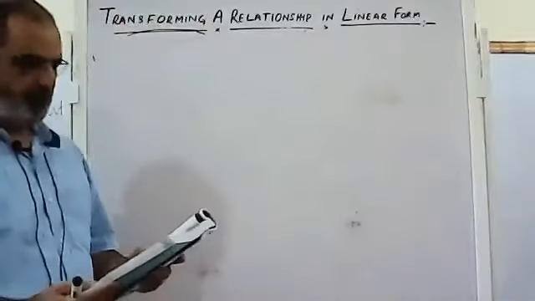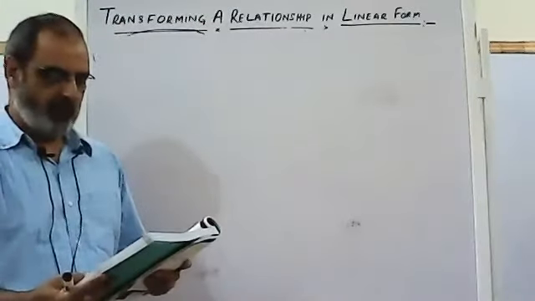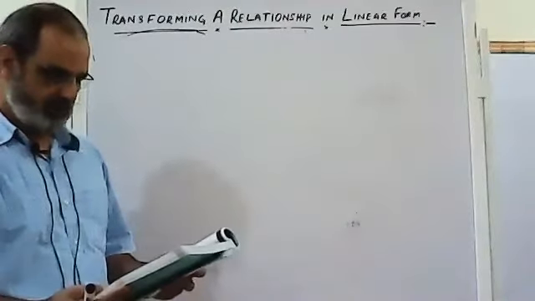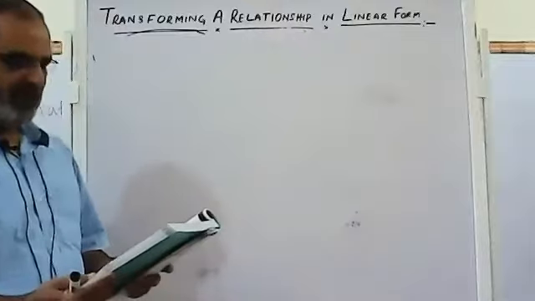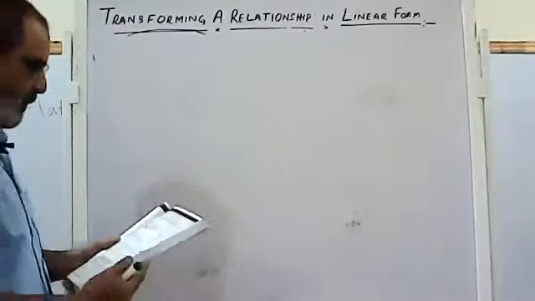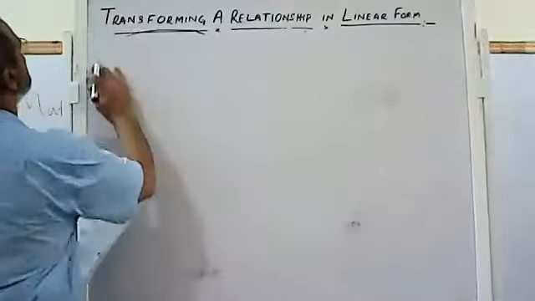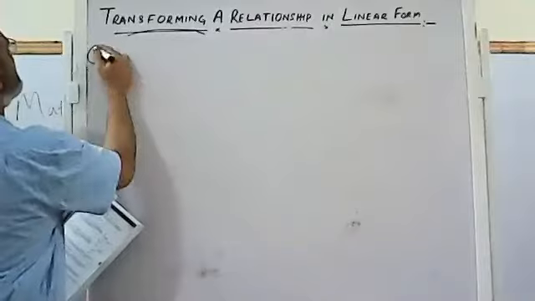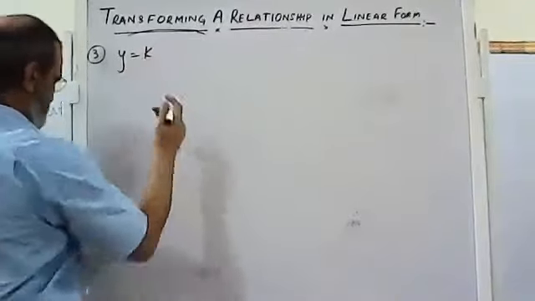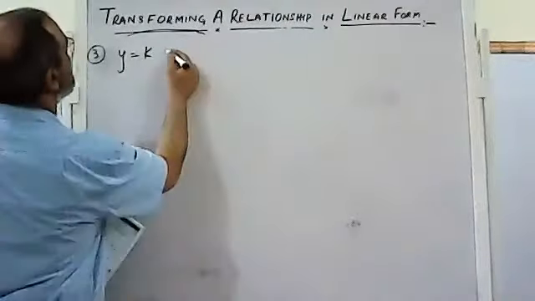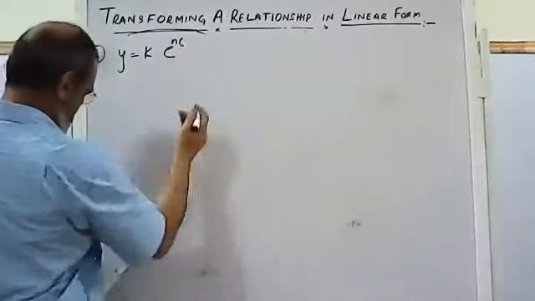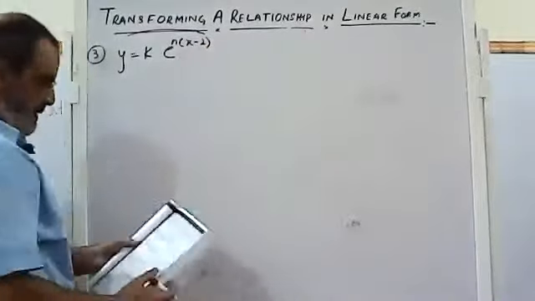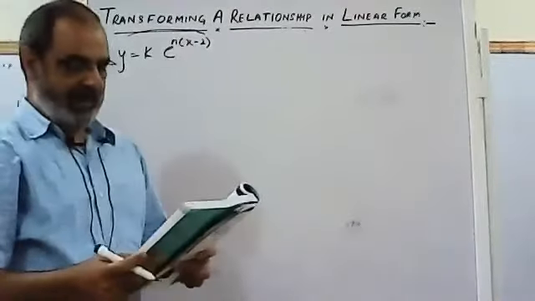Question number 3 says the variables x and y satisfy the equation y is equal to k e to the power n into x minus 2, where k and n are constants.